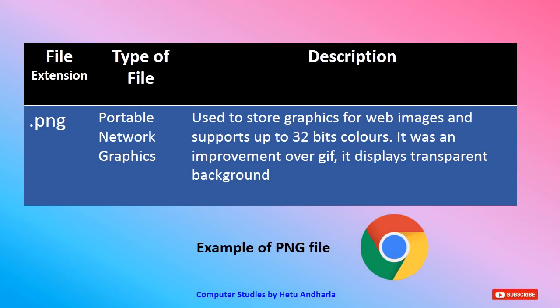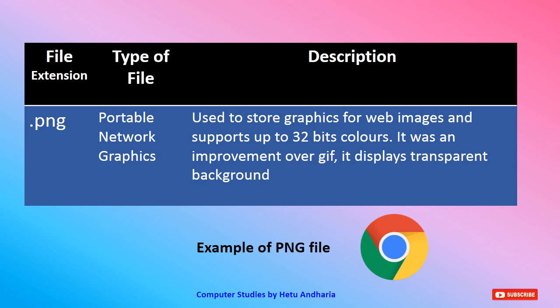Then the next one is .png. The full form of PNG is portable network graphics. Description: it is used to store graphics for web images and supports up to 32 bits colors. It was an improvement over GIF. It displays transparent background.